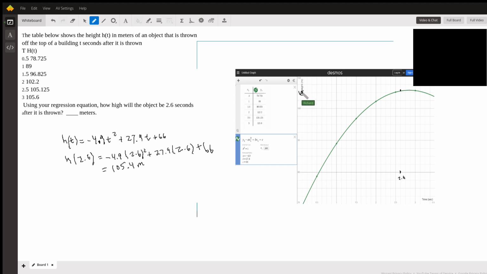Sorry, 105. And you can see this point here is roughly 105. Yeah, anyway, that's the answer. My eyes are crossing when I try to do this, but that's the answer when you put it in.